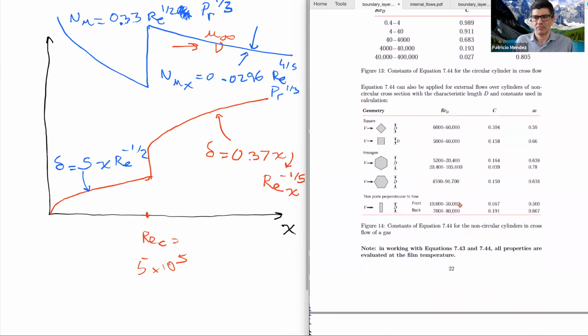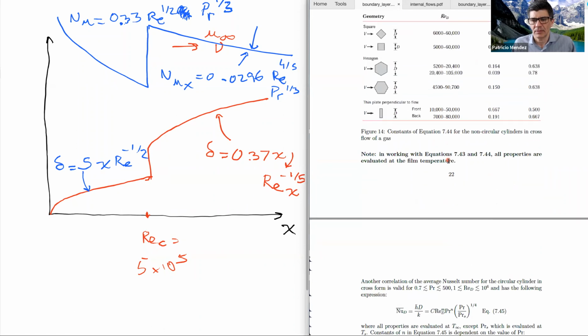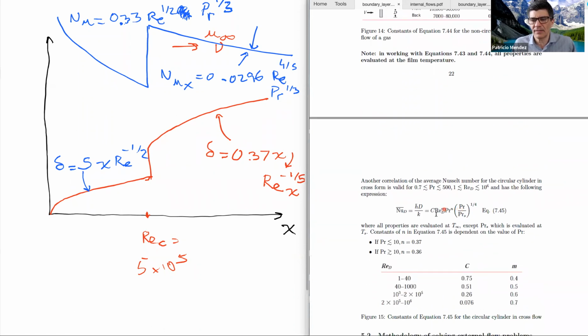But if this other formula that is more complex accounts for the fact that we have a fluid that has very temperature dependent properties, for example, oil has a viscosity that is very dependent on temperature.